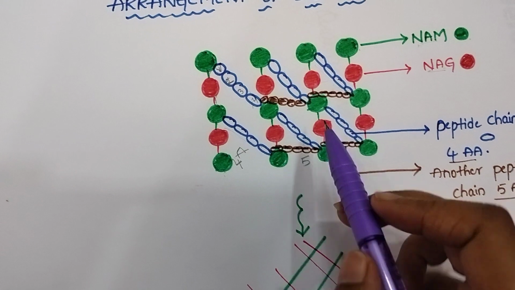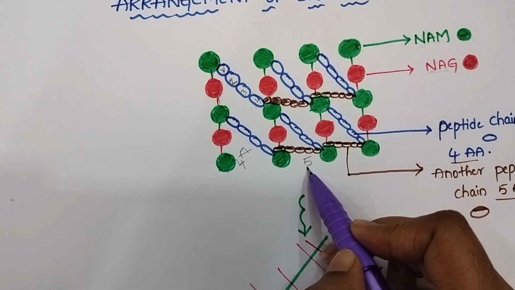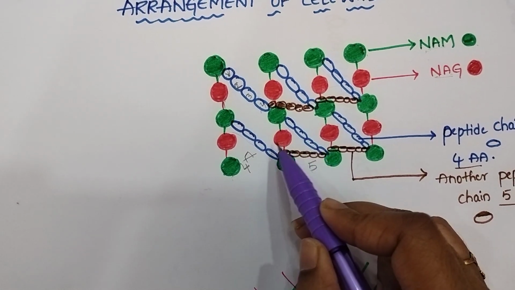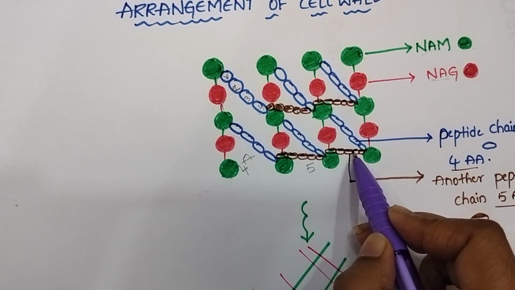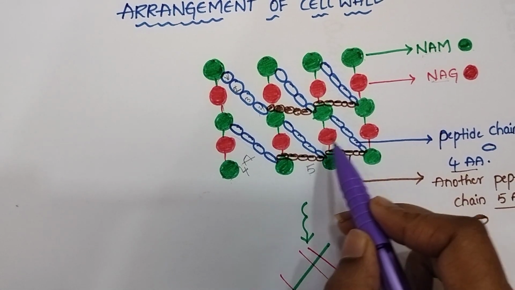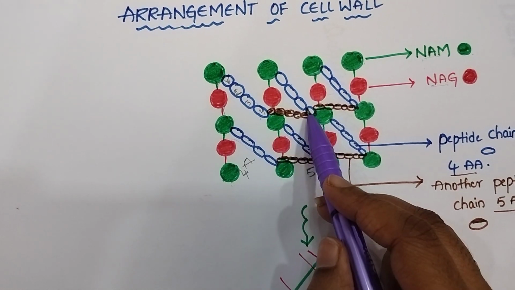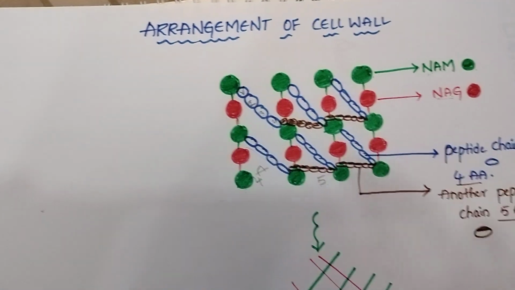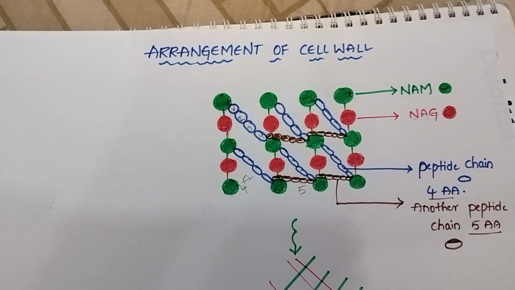The brown colored peptide chain, consisting of five amino acids, forms a linkage between two blue colored peptide chains. So these brown colored peptide chains form a cross link between the blue colored peptide chains. This is how they interlink with each other.